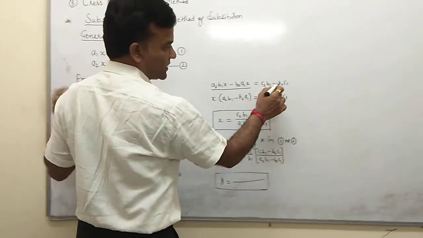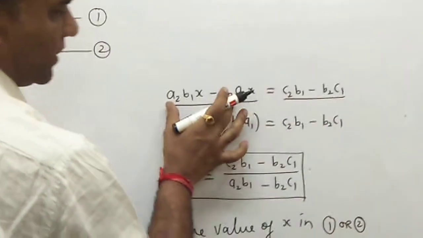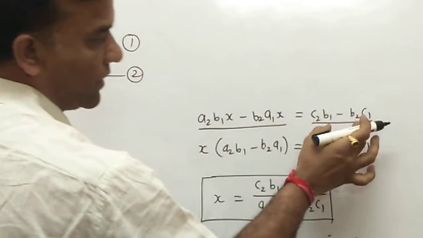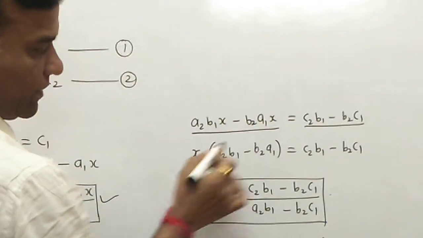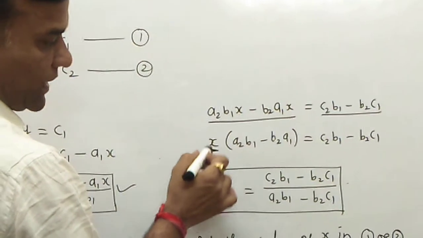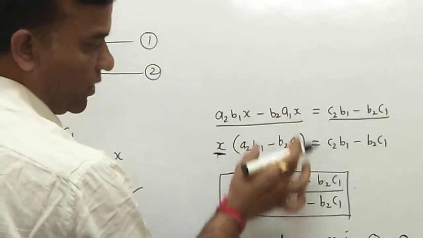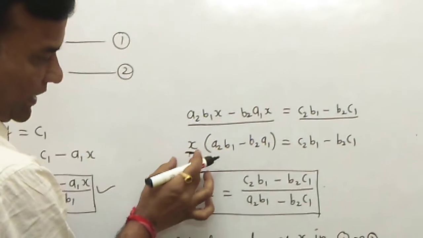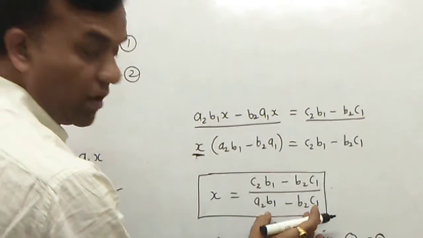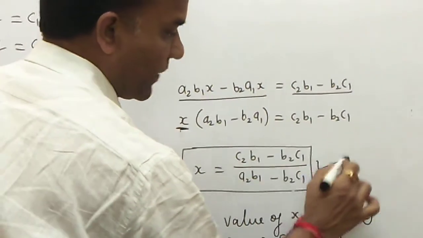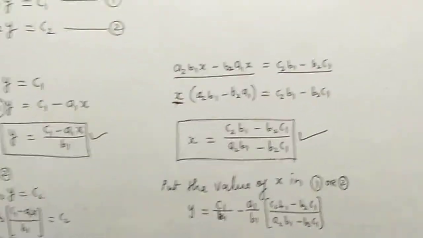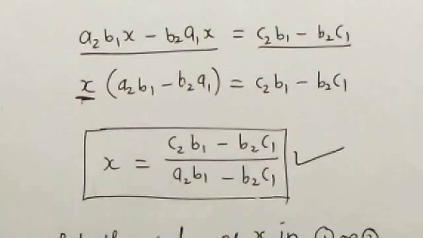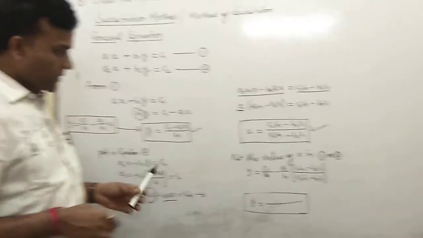So we have like terms with x and the constant. In both terms x is a common factor, so we take it outside, put the rest in a bracket, and the other term stays as it is. Now we find the value of x: the whole bracket goes in the denominator, so you get the value of x in this way. So now you got the value of x with the help of the substitution method.